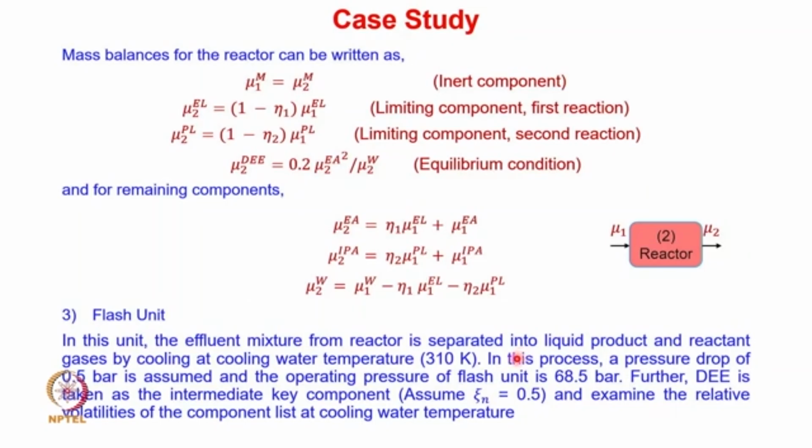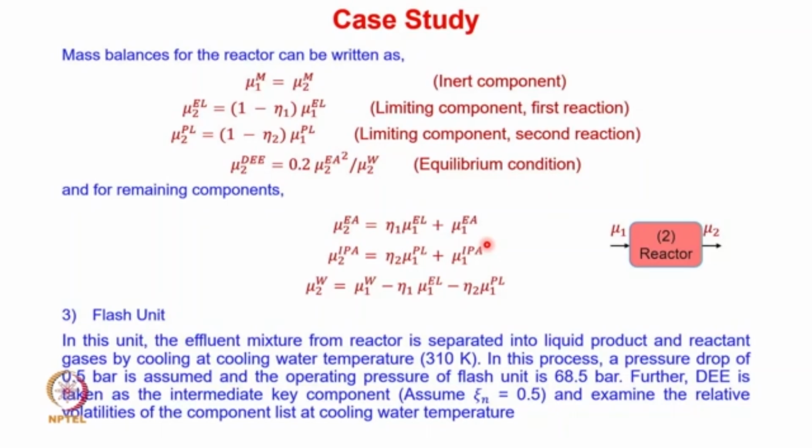Now these are with respect to the reactants. Again we can write down the relations with respect to the products formed. In this case the product formed is ethyl alcohol from ethylene. The molar flow rate of ethyl alcohol coming from the reactor will be the molar feed rate of ethylene to the reactor 1 multiplied by the conversion, plus mu1 Ea, which is the ethyl alcohol charged to the reactor as a feed.